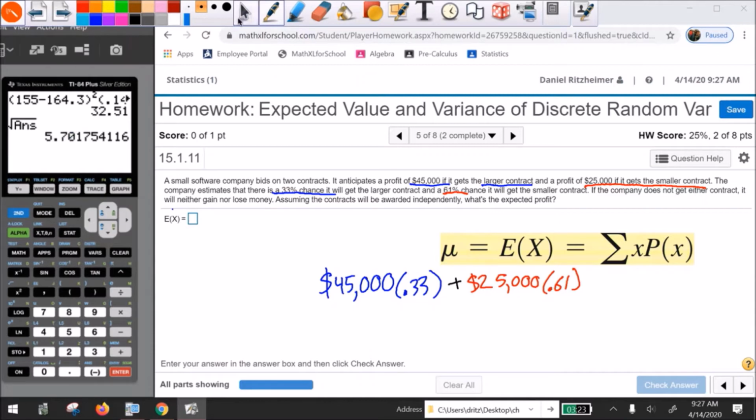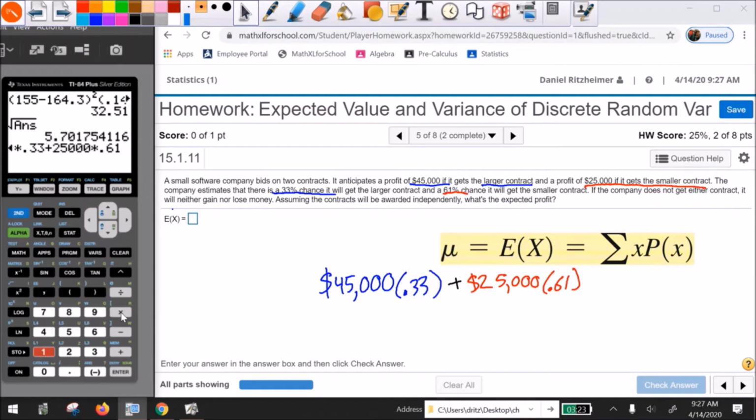$45,000 plus $25,000, which has a 61% chance of occurring.